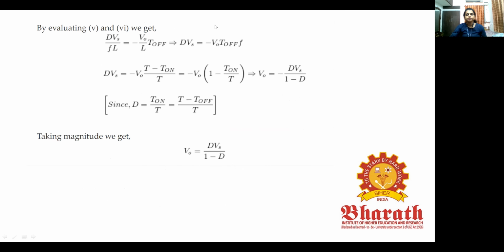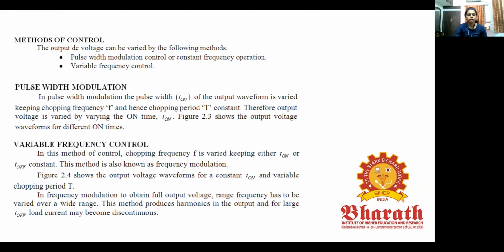So that is the advantage of a buck boost converter. Only drawback in a buck boost converter is the polarity of the output voltage is reversed compared to the input voltage. So you get a negative voltage at the output side. So that is the drawback of a buck boost converter.